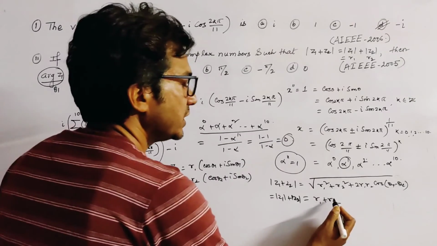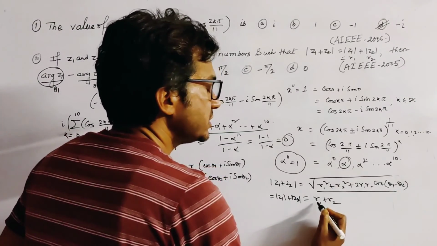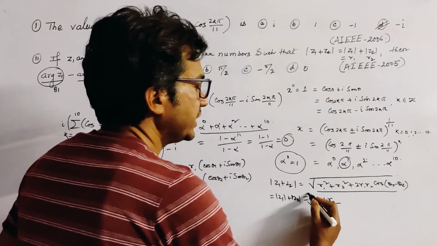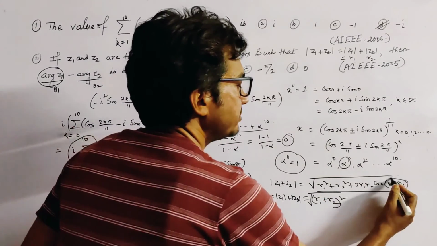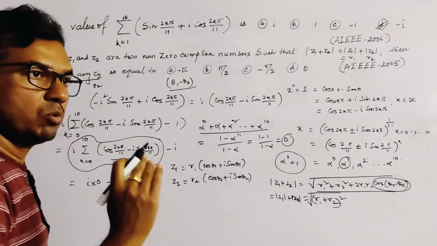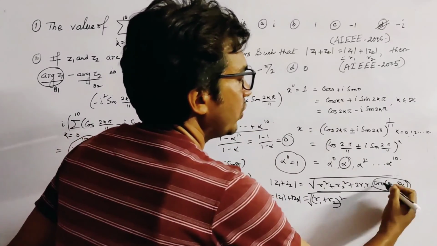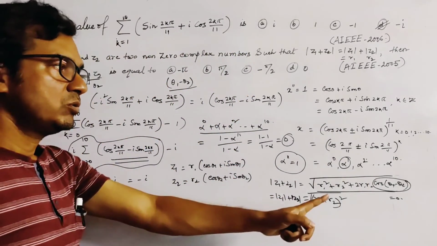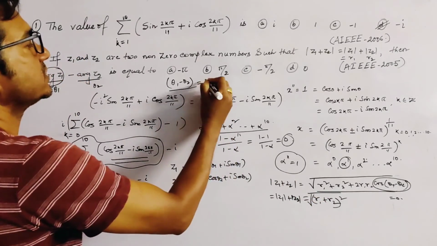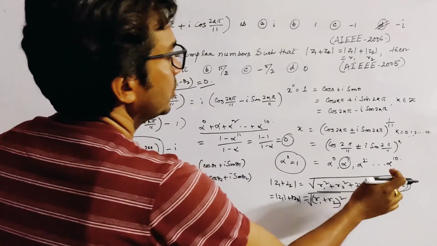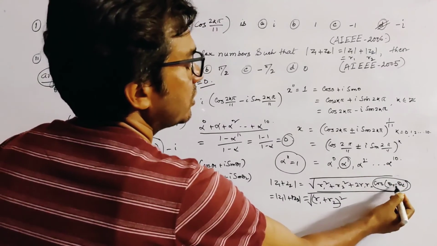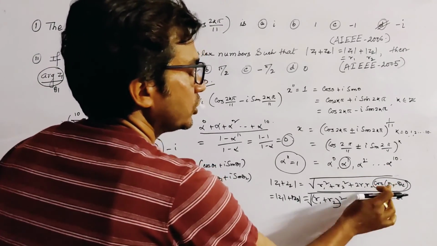So cos(theta 1 - theta 2) must be equal to 1, sorry, not 0.